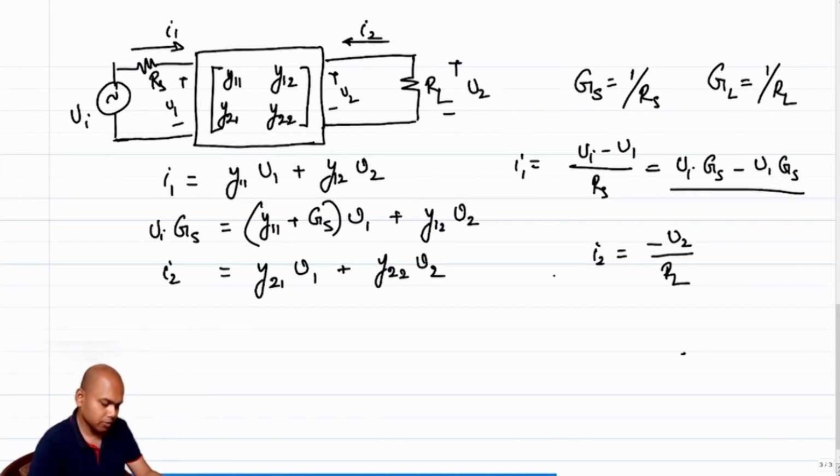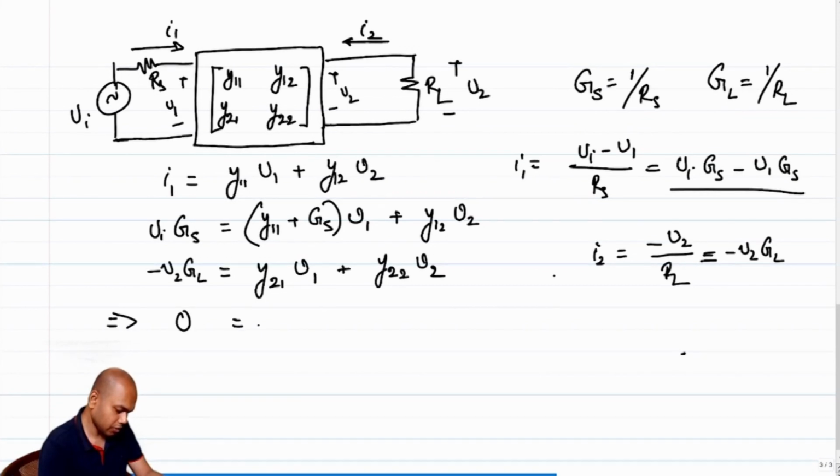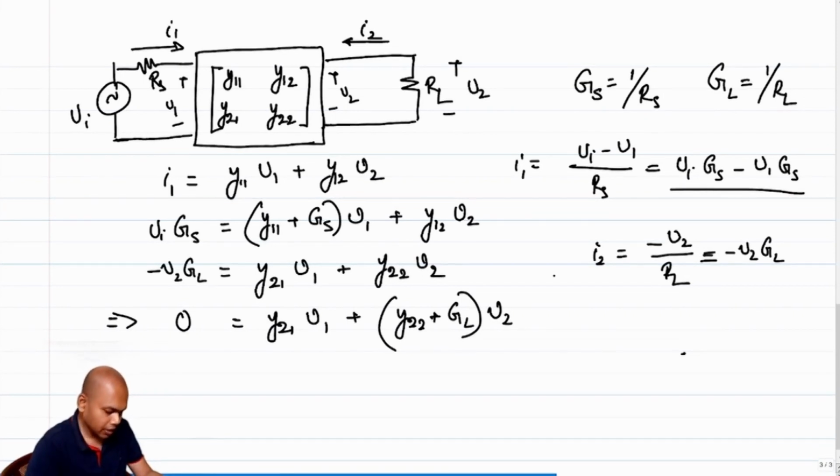So this becomes minus V2 over RL, or minus V2 times GL. So I will replace this I2 with minus V2 times GL, and in other words this becomes 0 is equal to y21 times V1 plus (y22 plus GL) times V2.